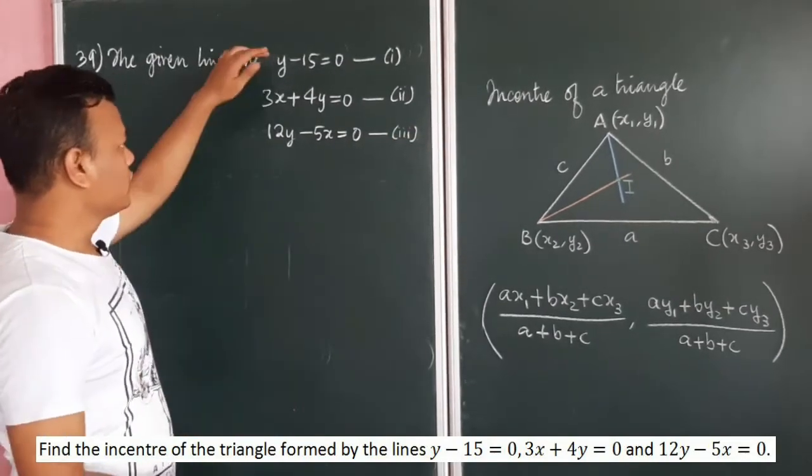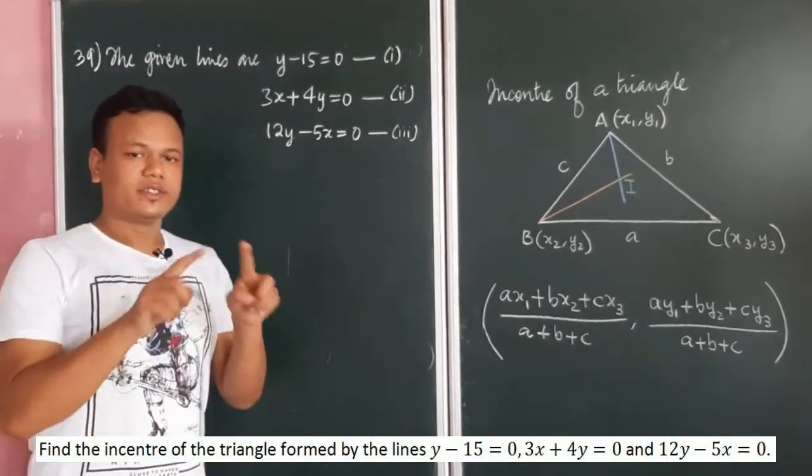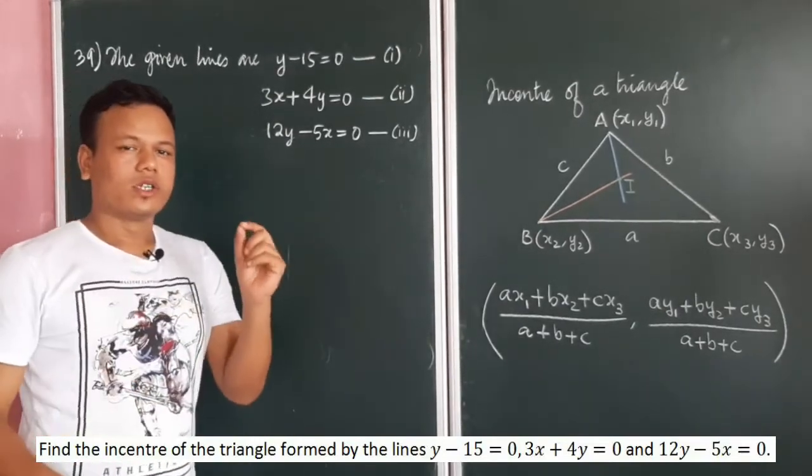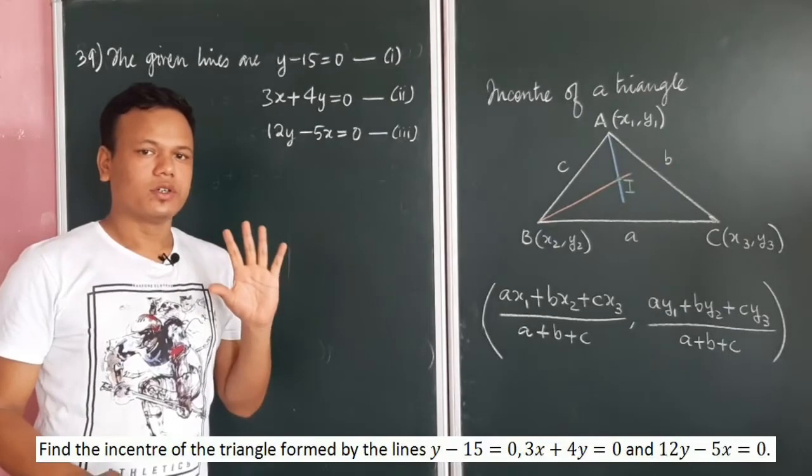Okay, so basically these three lines represent three sides of a triangle. So you need to find the coordinates of the incenter of that particular triangle.